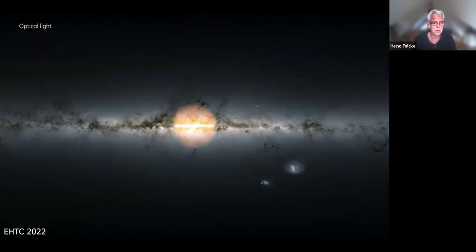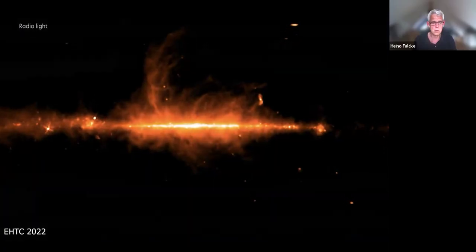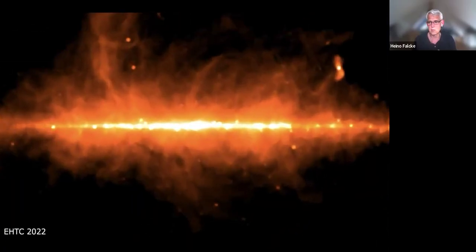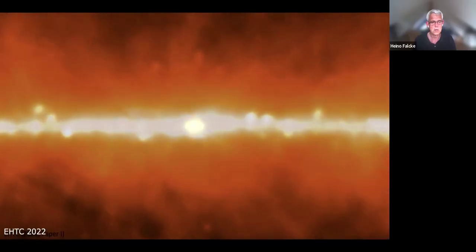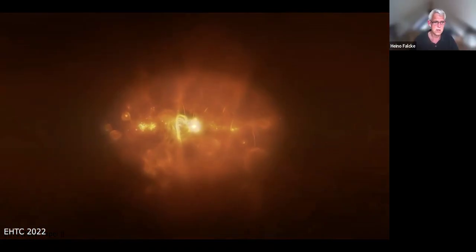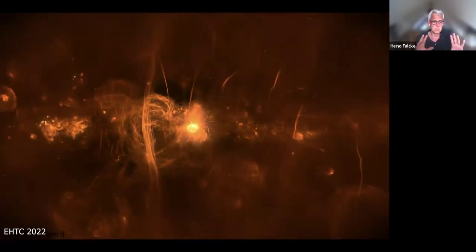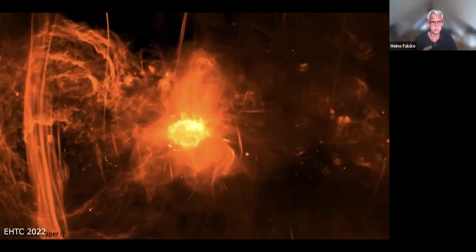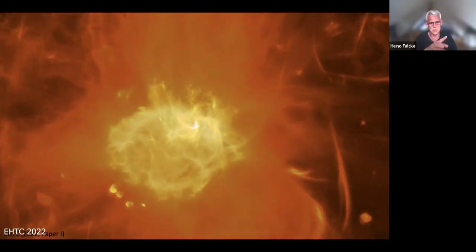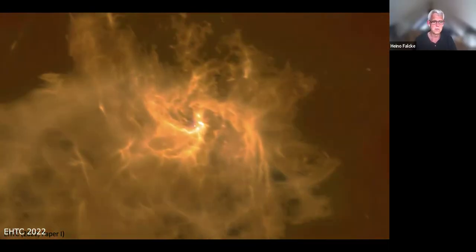Then 3 years later, we had this of Sagittarius A star. Similarly, we are zooming into the center of our Milky Way. You see the large-scale image. You see that few hundred light-year image of the center of the Milky Way with this beautiful Sagittarius A complex, that mini spiral in the very center.